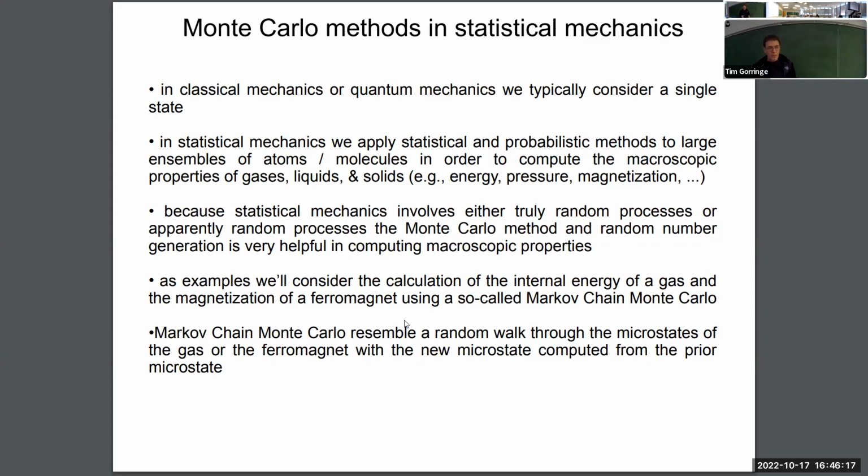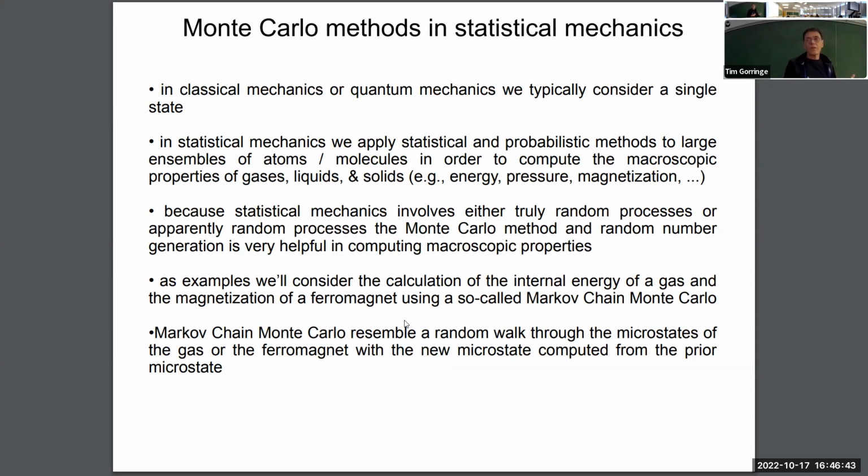So you can probably now see that the Monte Carlo methods can be applied to the statistical problems of these sort of ensembles of many atoms or molecules. It's really because in those ensembles, there's a lot of processes that are either truly random or seemingly random.